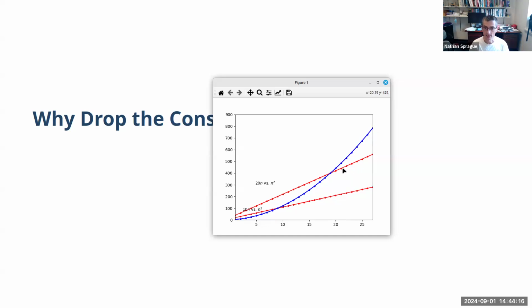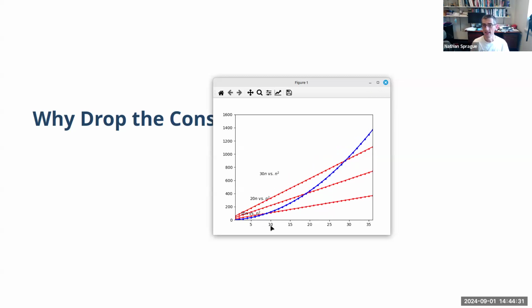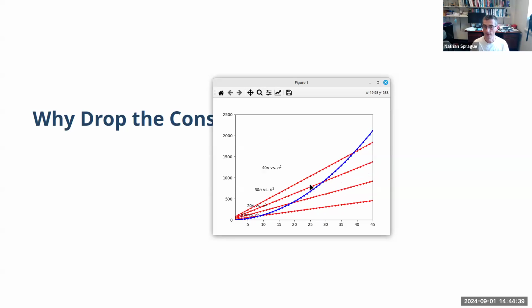It's going to dominate our 20n, and we're actually going to prefer our 20n algorithm if the input is large enough. And that same story is going to repeat for any constant value that we select to multiply by n. It's always going to be the case that eventually, no matter how big that constant is, we're going to prefer the order n algorithm over n squared.